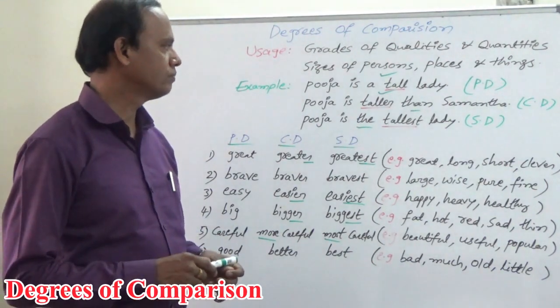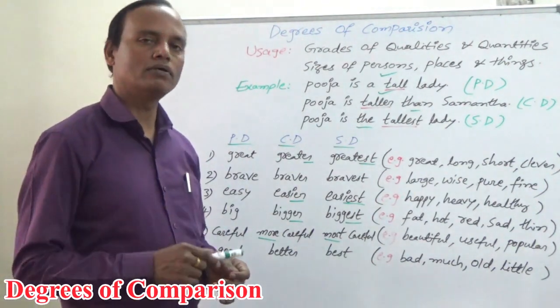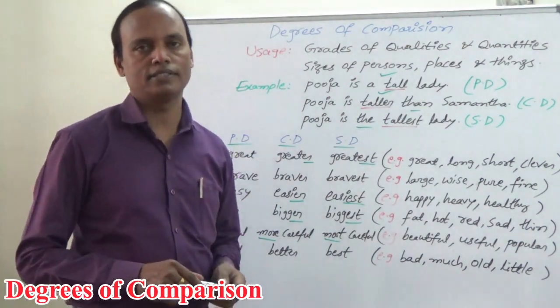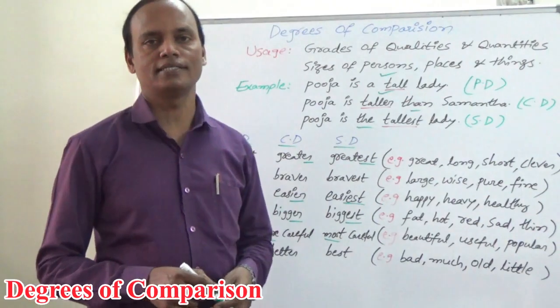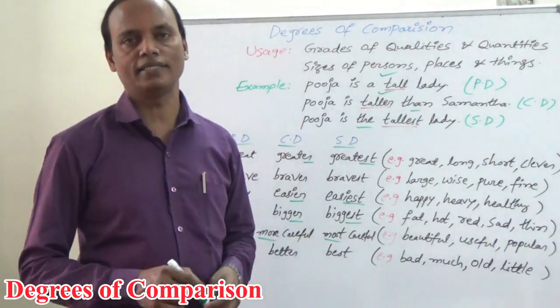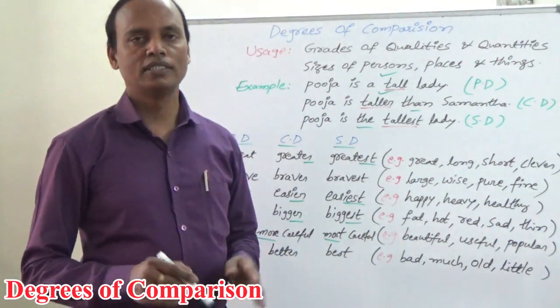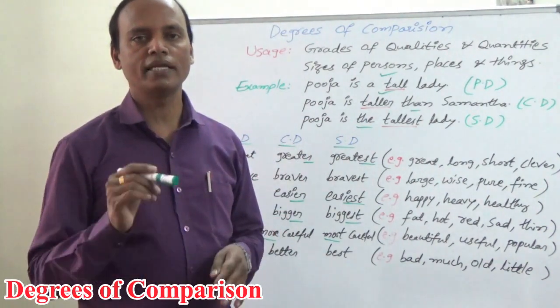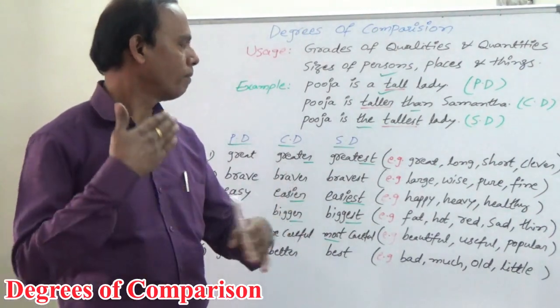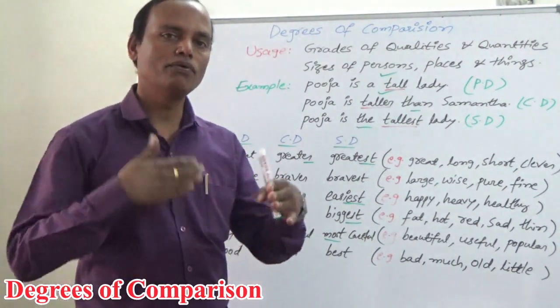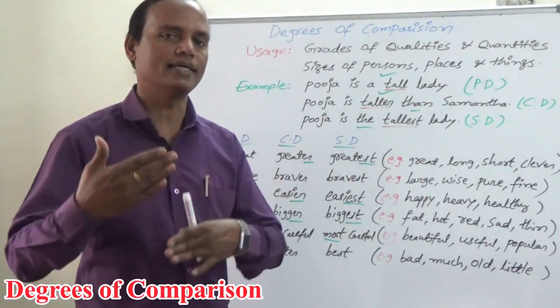Then also you talk about the sizes of the persons, the sizes of the places and the sizes of the things. So these degrees of comparison are very important if you want to make grades, if you want to make degrees. Alright.